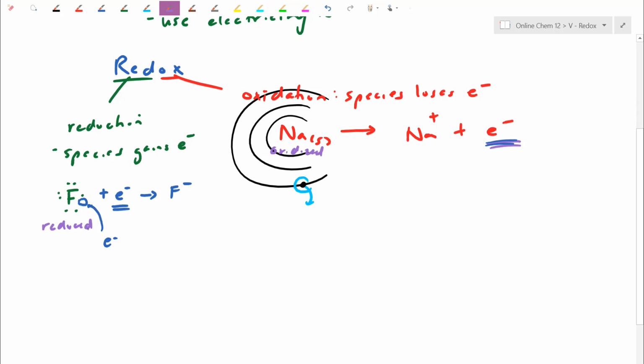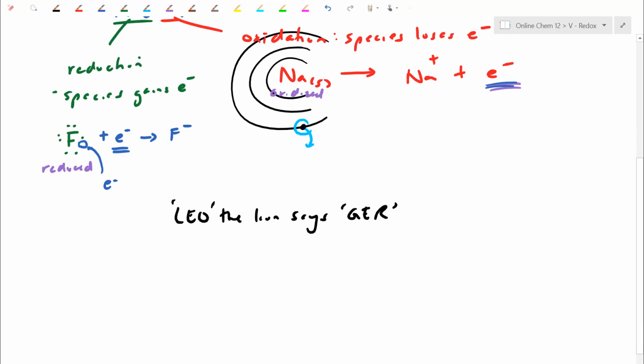Throughout this chapter there are a lot of little memory aids. We'll come to the first one here. Leo the lion says grr, and we're just going to write GER.